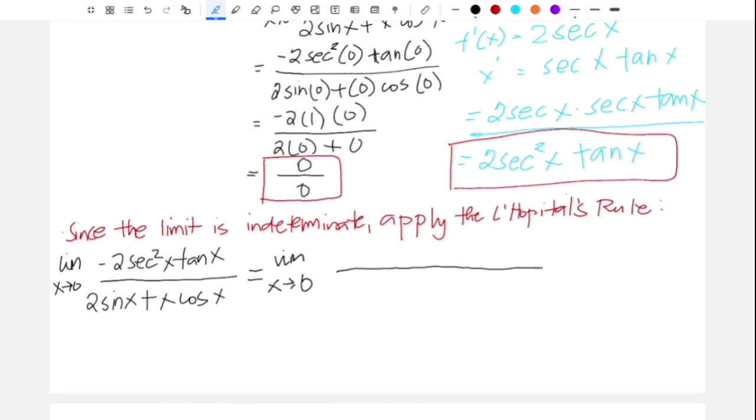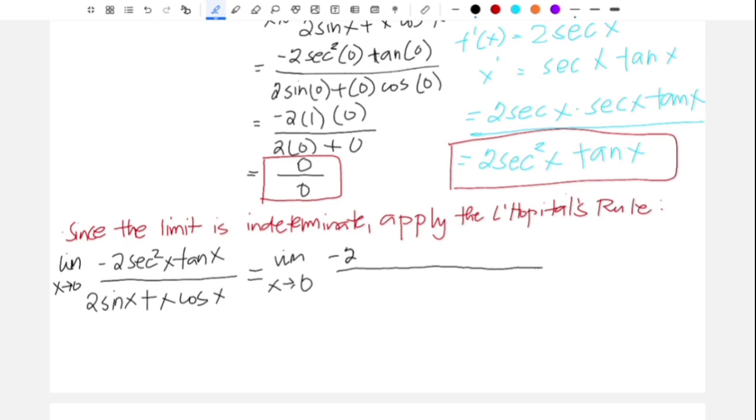From here, let us use what is applicable, the differentiation rules. For our numerator, let us use the product rule. To derive our numerator, we can use the product rule in this case. So let us copy our 2.